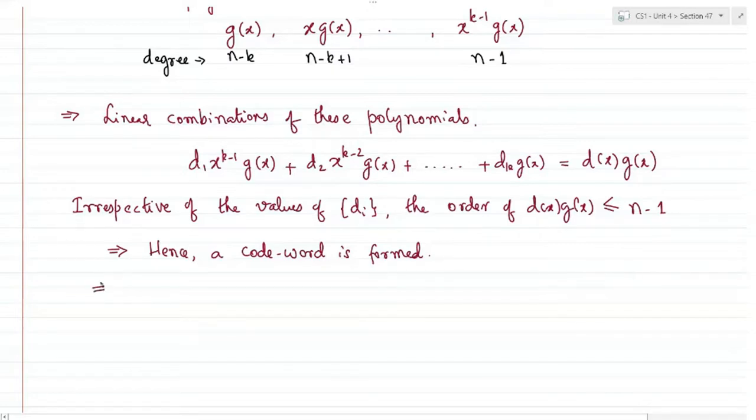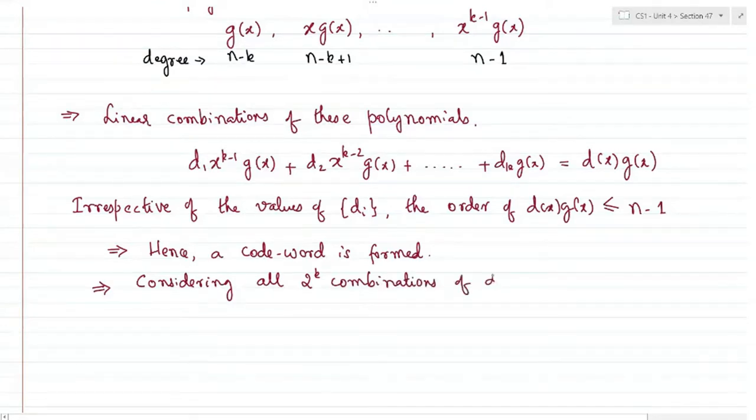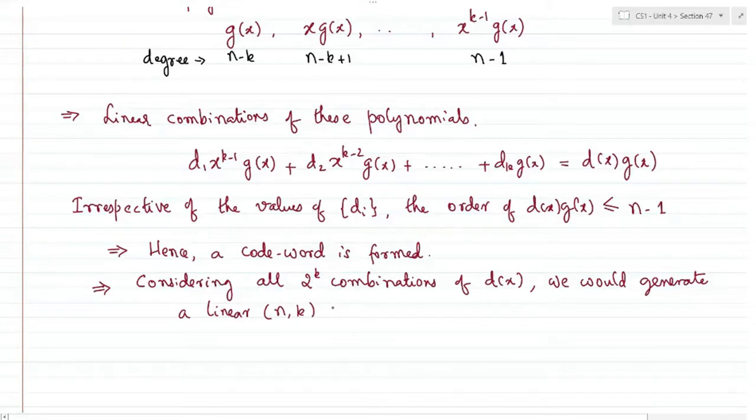Okay, so this implies that considering all 2 power k combinations of data vector d of x, we would generate a linear n comma k code.